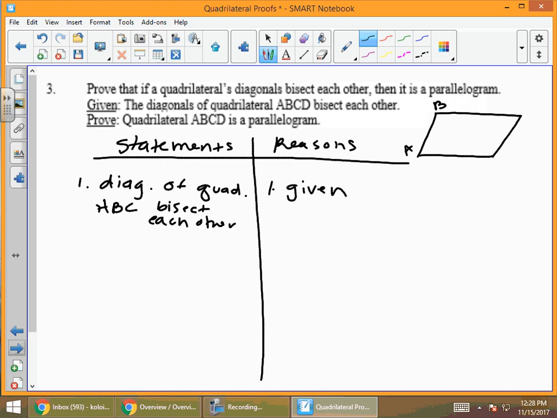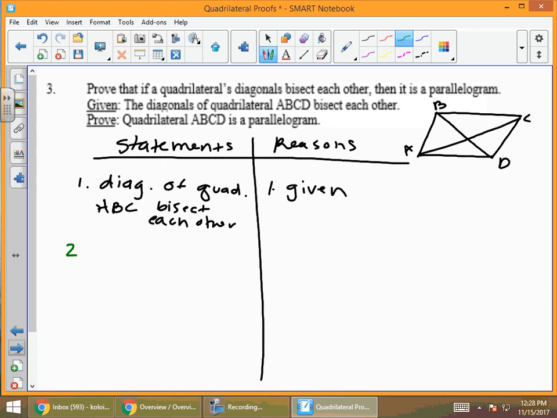A, B, C, D, following the diagonals. And we know that they bisect each other. And we don't have to state draw in our diagrams like we did on the first proof because it told us we had diagonals in the given information.